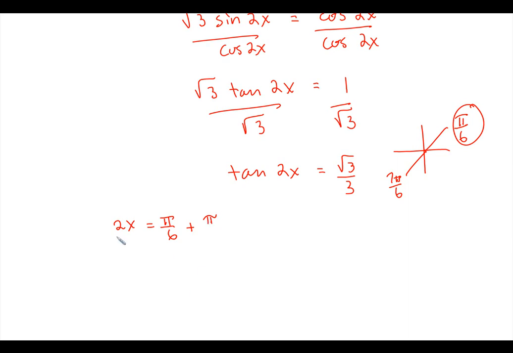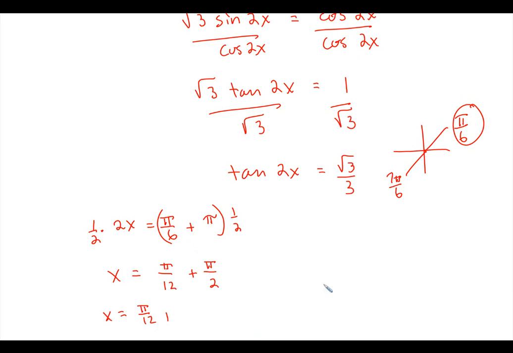And then when you multiply by 1/2 to get x, you have to multiply this by half. So we're going to get pi over 12 plus pi over 2. So that means that our first solution is going to be pi over 12, and then we're going to add pi over 2 to get more solutions.